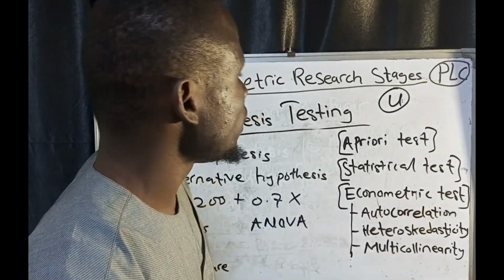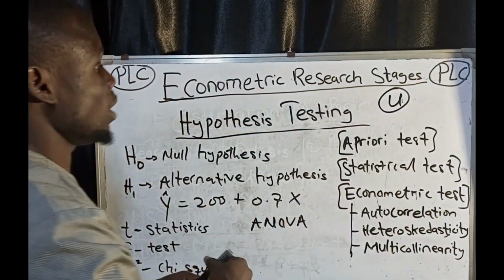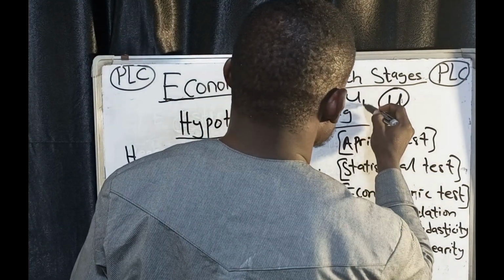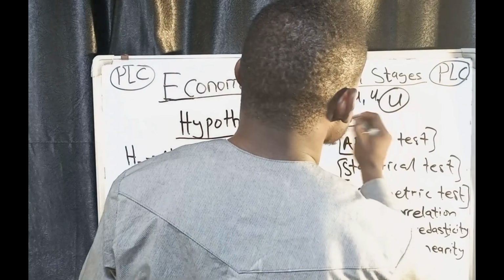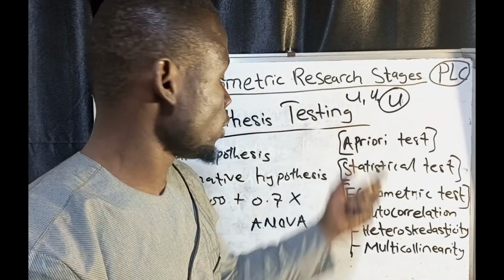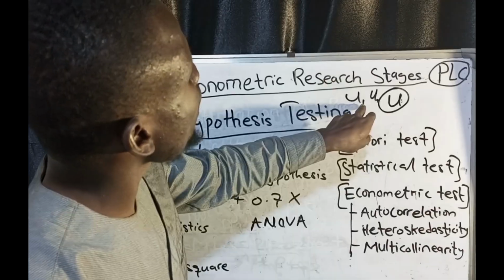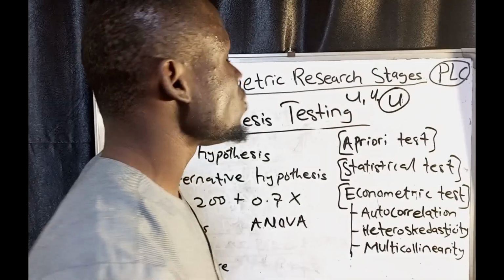Autocorrelation: if we have error term 1 and error term 2 and there is a correlation between the two of them, we are talking of autocorrelation. Heteroscedasticity indicates a situation whereby the variance of our error terms is not constant.